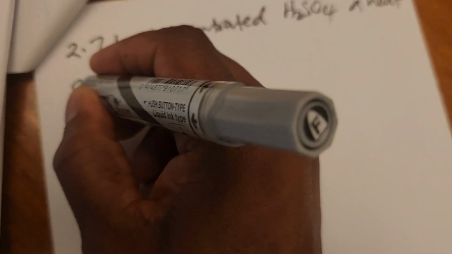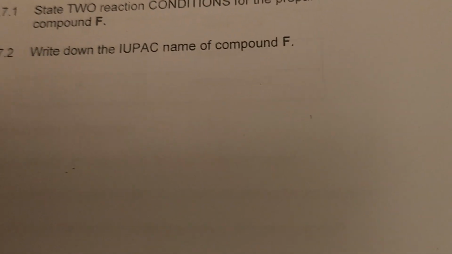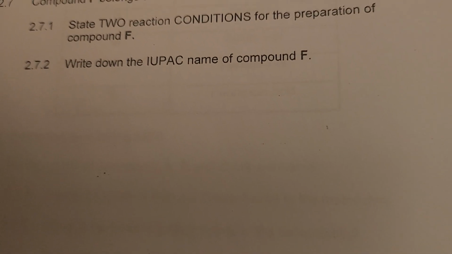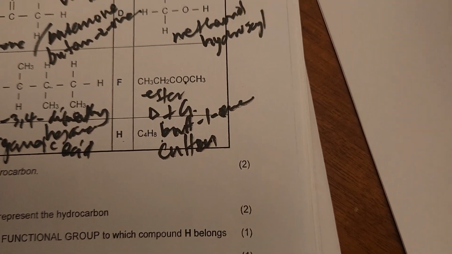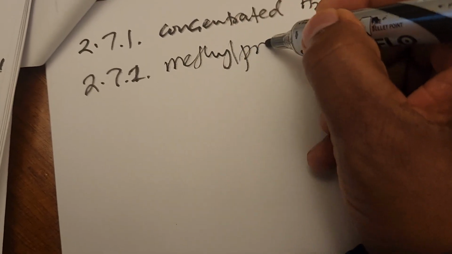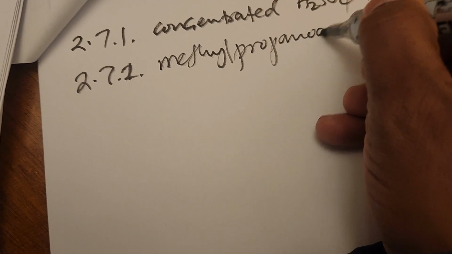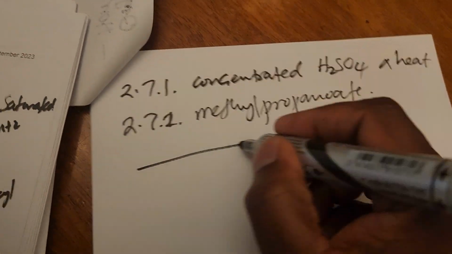That's the 2. The last question says write down the IUPAC name of compound F. Compound F, we know, is coming from methanol and propanoic acid. Therefore, compound F will be methyl propanoate.